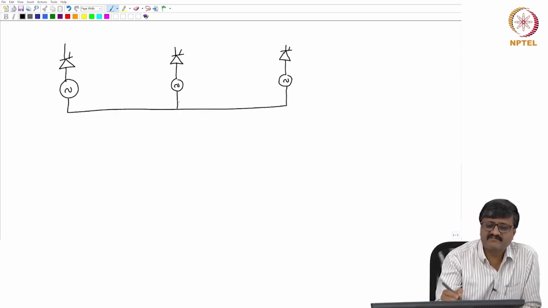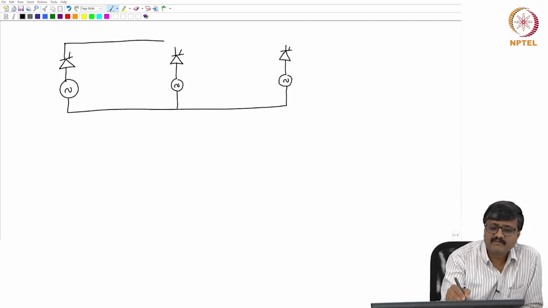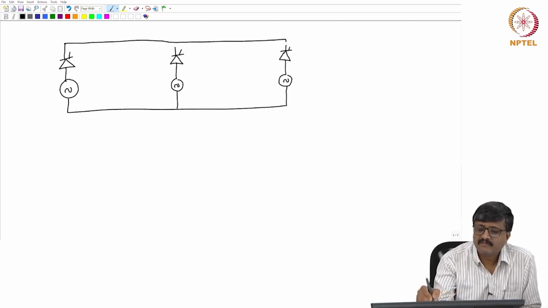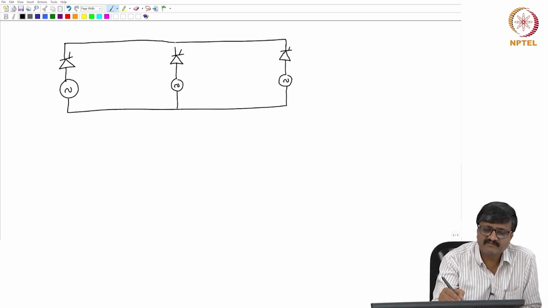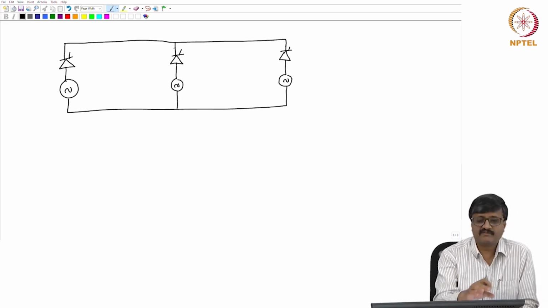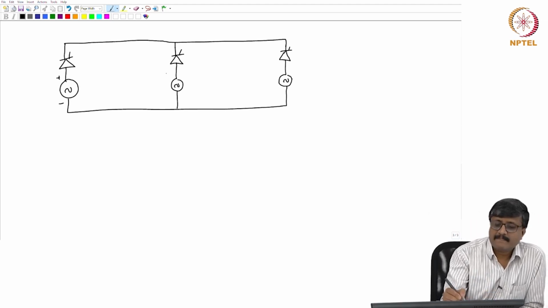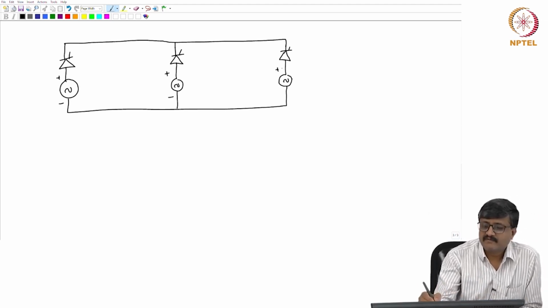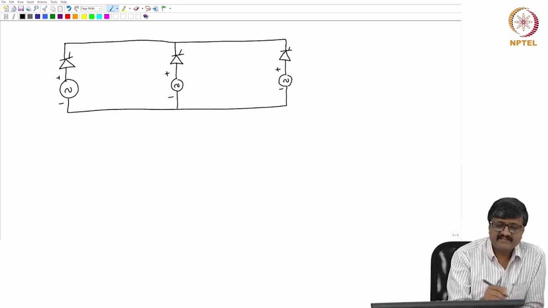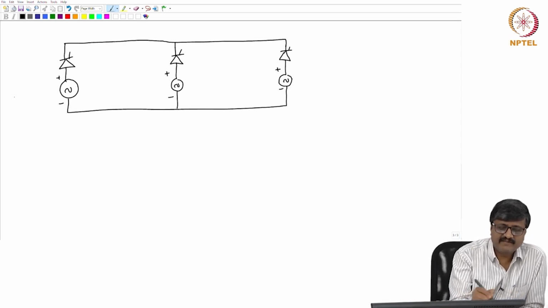Connect each such circuit like this. So, in each circuit there is a thyristor in series with a voltage source. So, there are 3 such circuits connected in parallel. Let the instantaneous voltage here be Em cos omega ot.